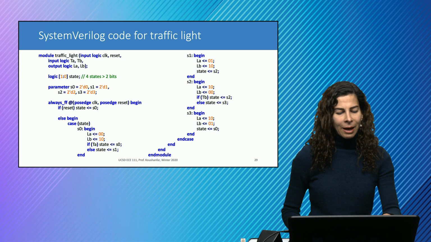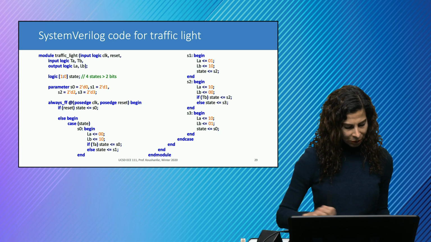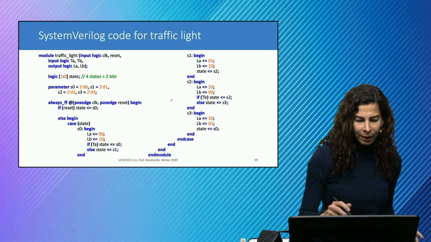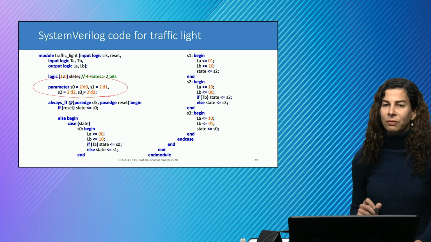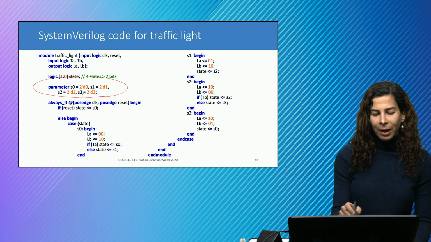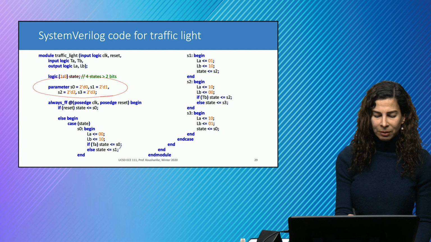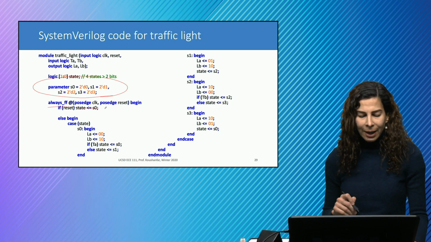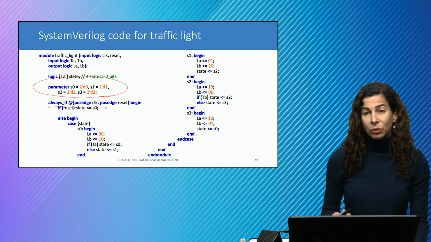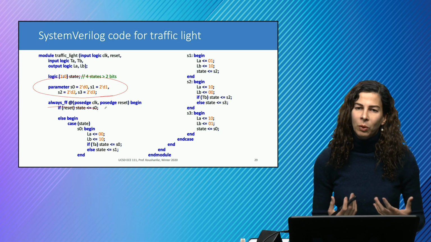We have four states, which means that we can encode them with two state variables. Then we define them as parameters, as we've seen before. You could define the next state and the reset state as a function of the previous state using always_ff, and then we can do combinational and sequential logic within one loop.